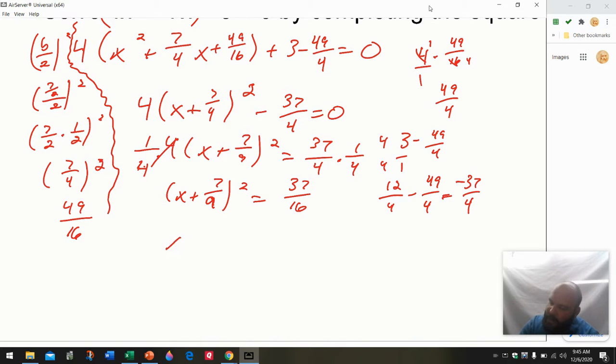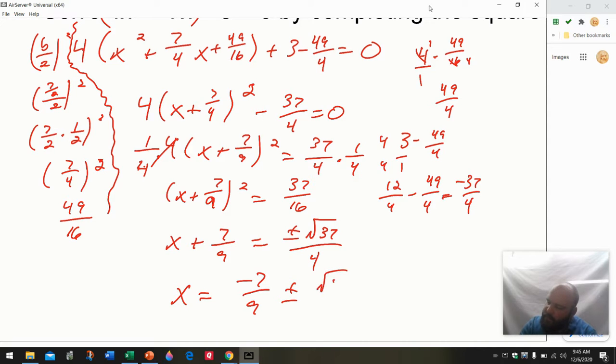I'm going to have x plus 7 over 8 equals plus or minus the square root of 37 over 4, because the square root of 16 is 4. The last step is going to be to subtract the 7/8 from both sides, and you get x equals negative 7 over 8 plus or minus the square root of 37 over 4.